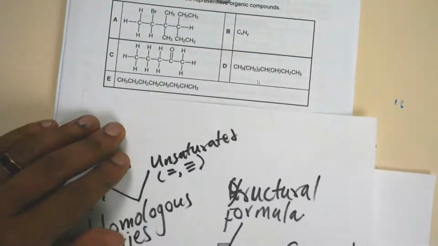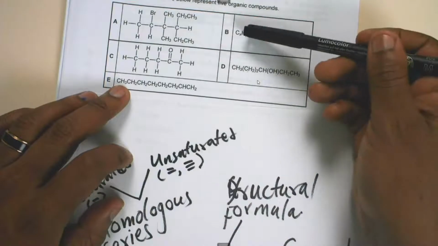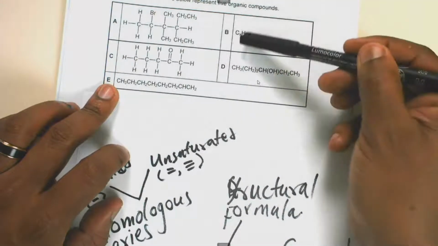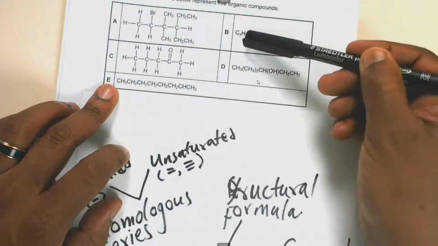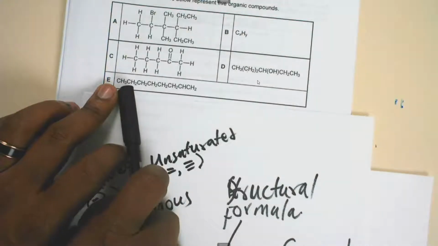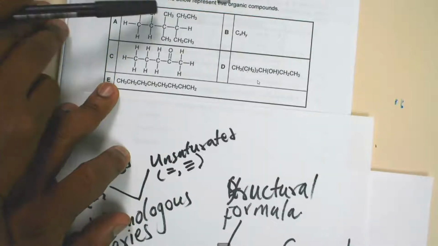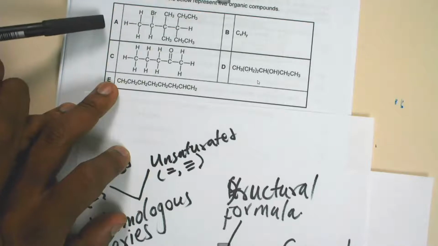So when I look at all this, I must be looking for either B or E. But B, I cannot do anything with because I don't know how many carbons and how many hydrogens I have. So the only option that I have here is E. Why? Because for me to be an alkene, I must consist of a double bond. When I look at A, there is no double bond.